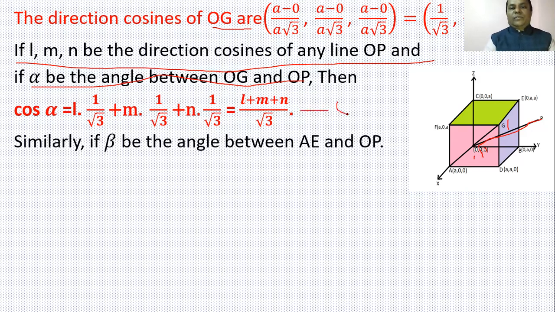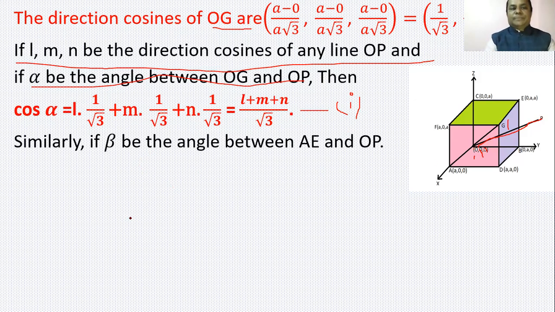This is equation first. Line OP makes an angle alpha with OG, therefore cos alpha formula is this.